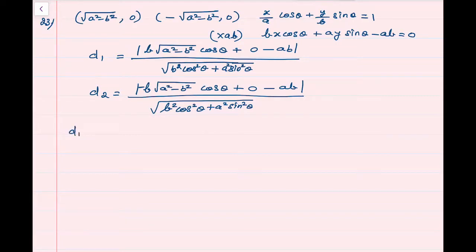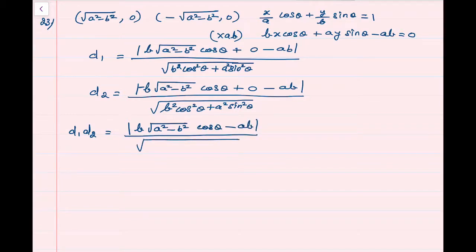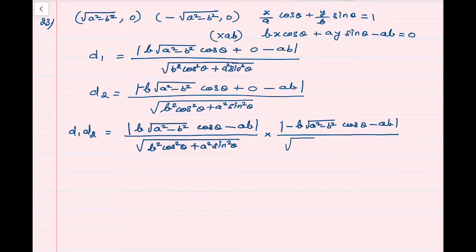So we will find d1 times d2: absolute value of b times root of a square minus b square cos theta minus ab, divided by root of b square cos square theta plus a square sin square theta, times absolute value of minus b into root of a square minus b square cos theta minus ab, divided by root of b square cos square theta plus a square sin square theta.